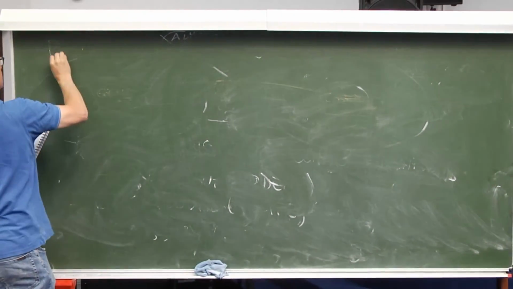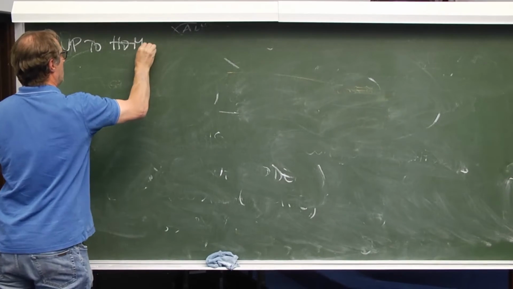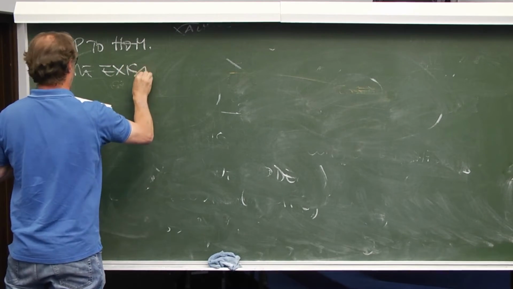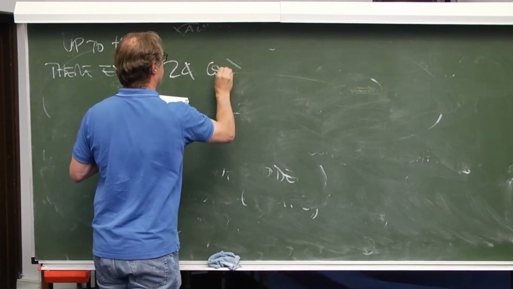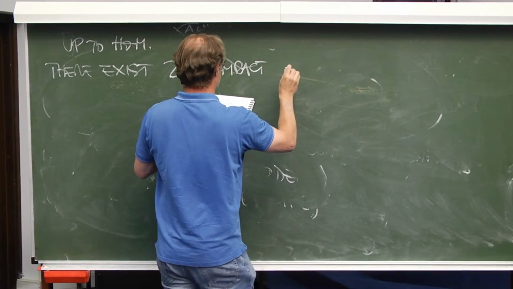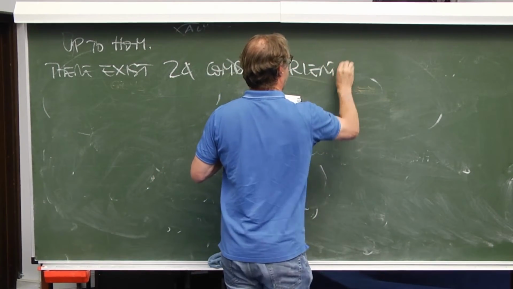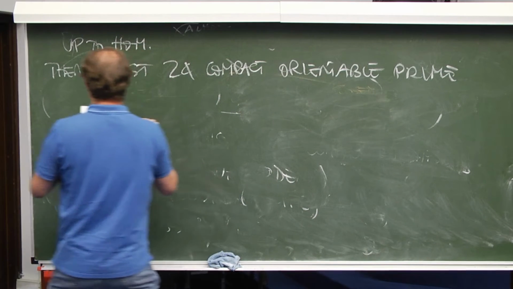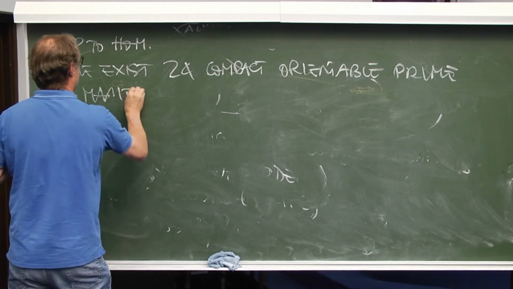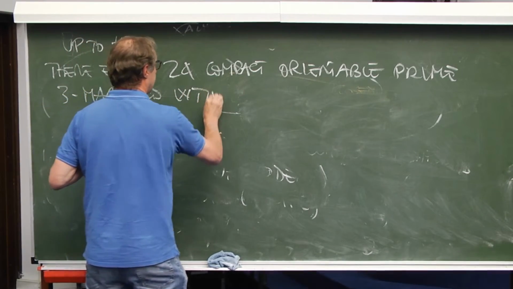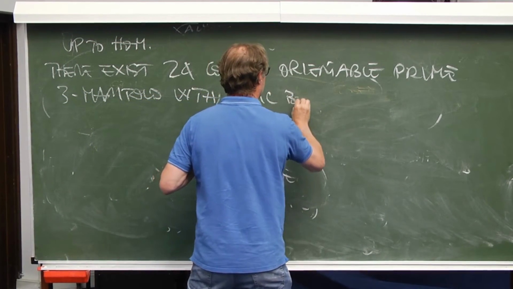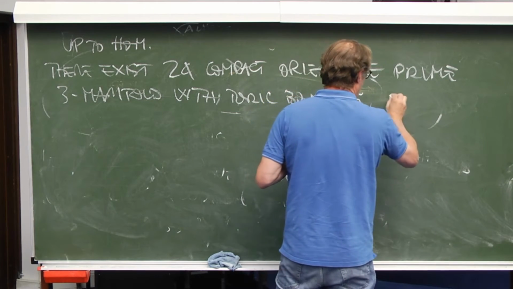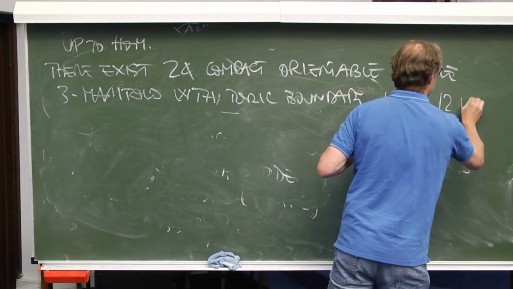Up to homeomorphism, there exist 24 compact, orientable, prime 3-manifolds with toric boundary, up to 12 vertices of the graph.